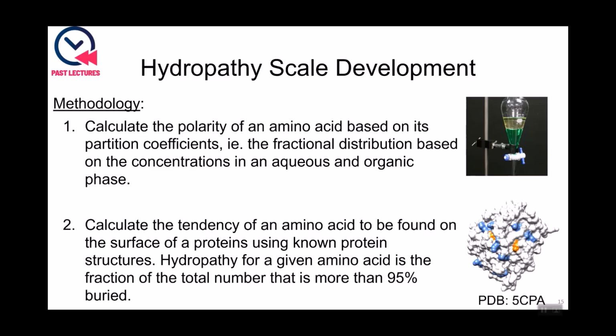To determine the hydropathy score, we would just divide 2 by 10 to give you 0.2. If we do it for isoleucine in orange, we can see that there's 2 at the surface, but if there were 10 total, you would have 8 that are at least 95% buried. So 8 divided by 10 would be 0.8.